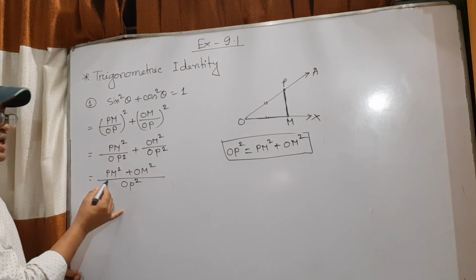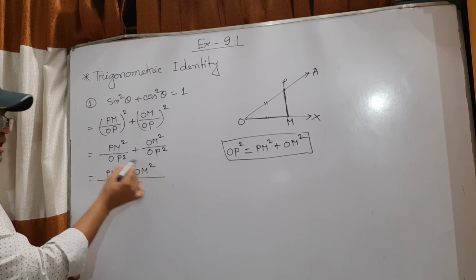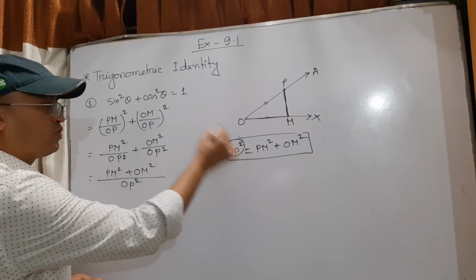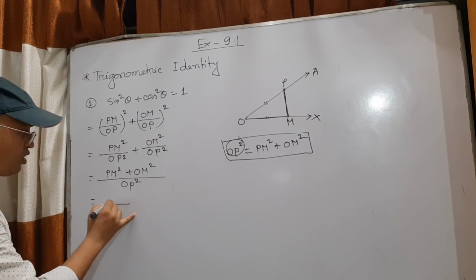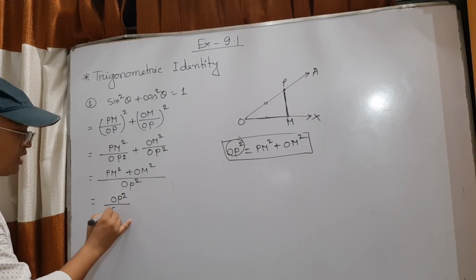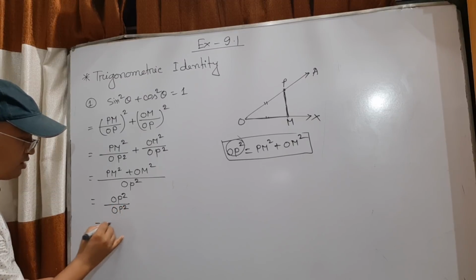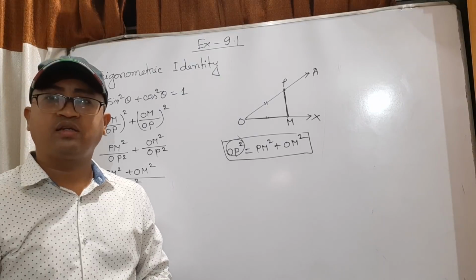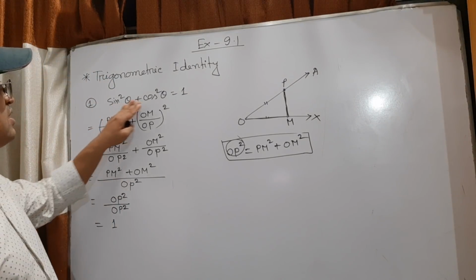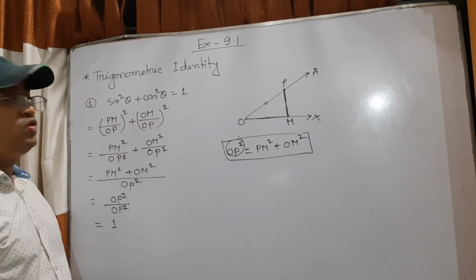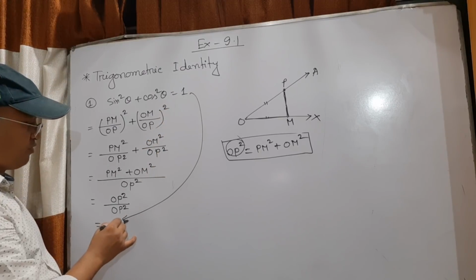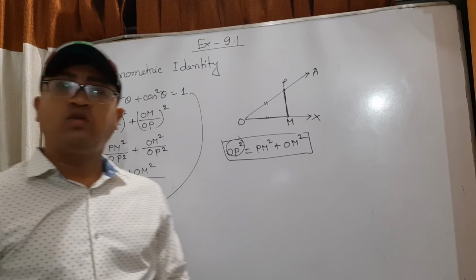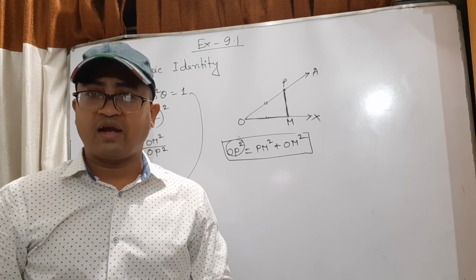So here in place of PM square plus OM square, we can write OP square. So it will be OP square by OP square, that is 1. So sin square theta plus cos square theta is equal to 1. We have proved it.